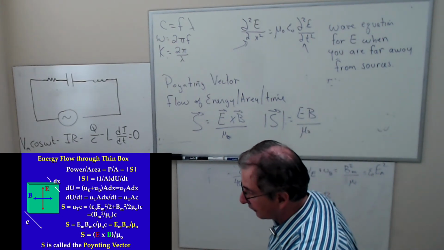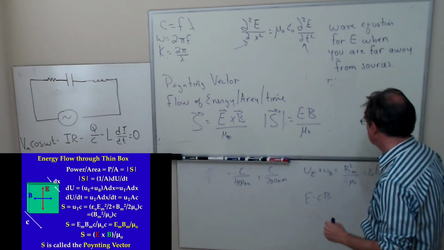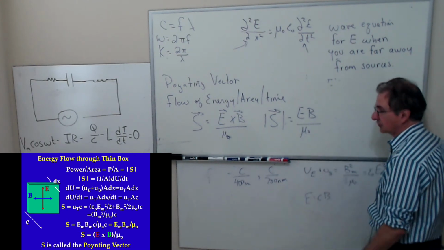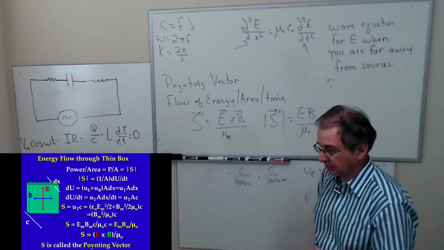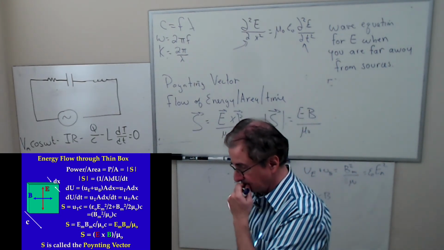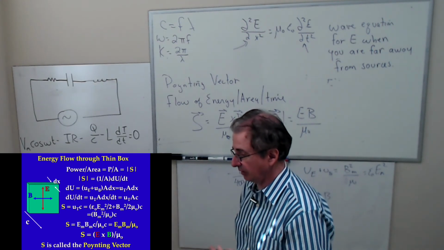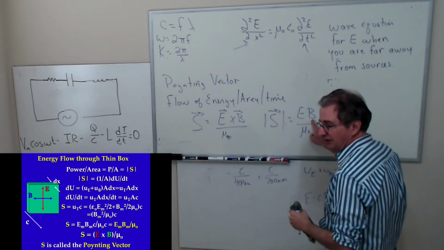Okay. Now, if you average this over a cycle, obviously, you have cosine here and cosine here, that gives you cosine squared.